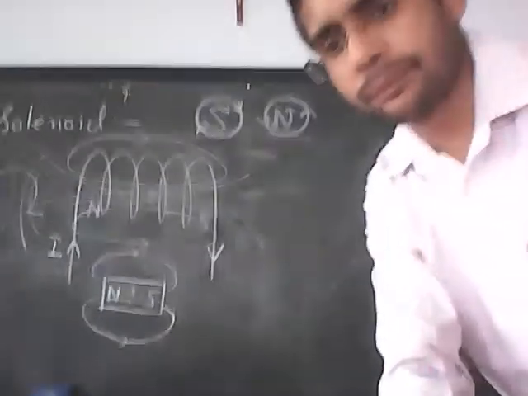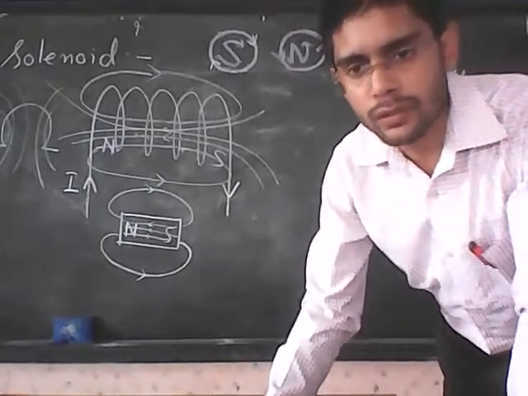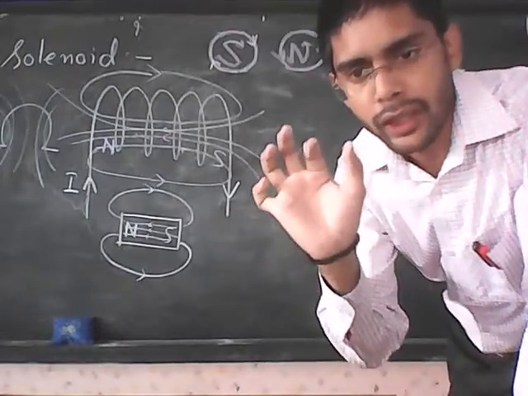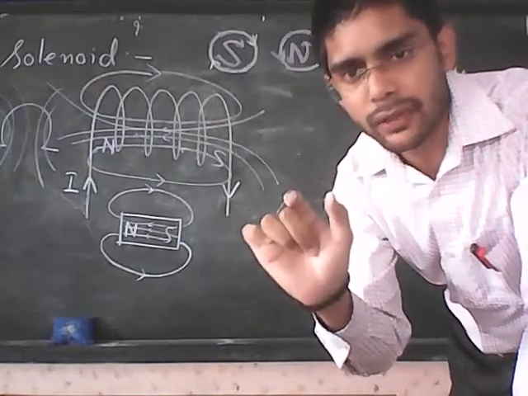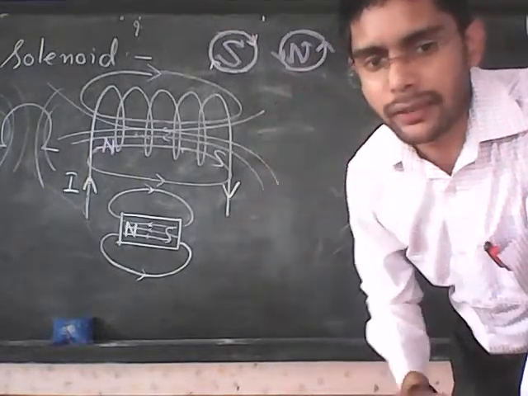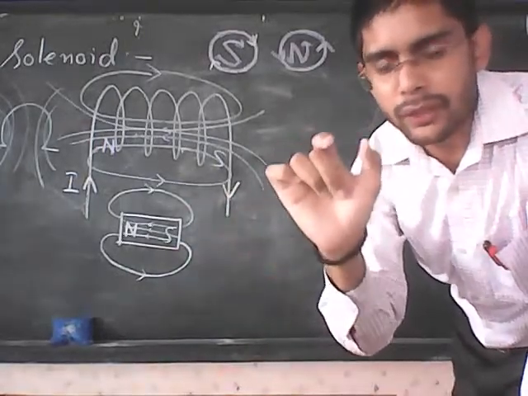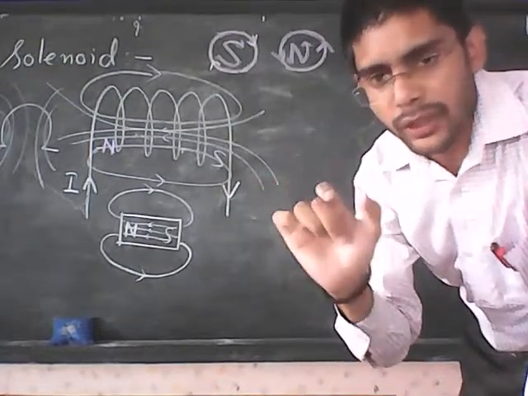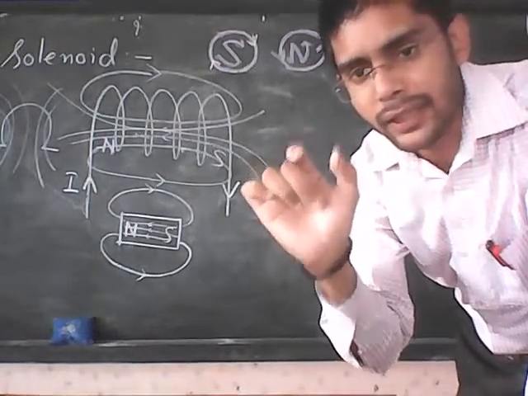Now student, this same solenoid, when it consists of a soft iron core inside it, will be known as an electromagnet. Whenever a strong magnetic field is produced inside this solenoid, it has the capability to magnetize magnetic material.